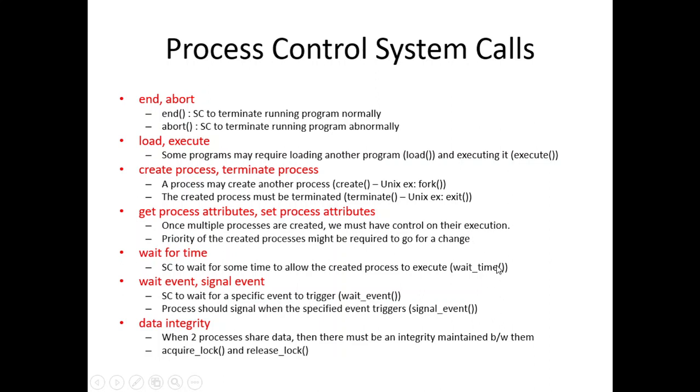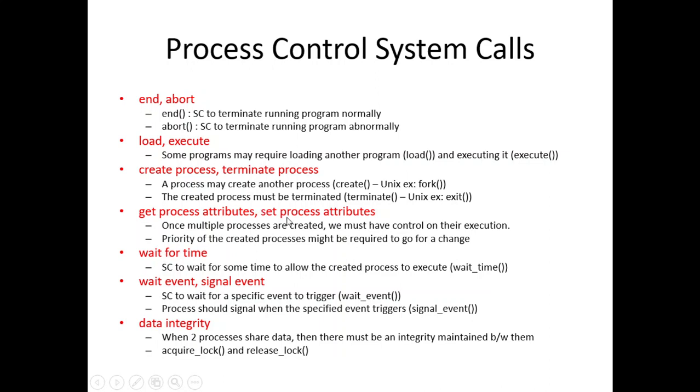We might want some processes to run first, and some other processes to run second. In that case, we would have to get this priority, which is a process attribute. We can get the priority of the process with the get process attribute system call, and we can also set the priority using the set process attributes system call.